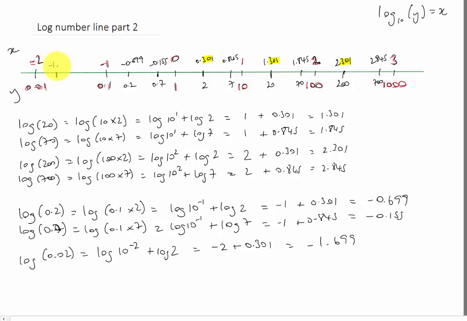That's here somewhere. So I've got the same pattern with the same ending, but that's for all the logarithms that are smaller than 0. And finally the log of 0.07, so that's the log of 10 to the minus 2 plus the log of 7, so that's minus 2 plus 0.845, or minus 1.155.